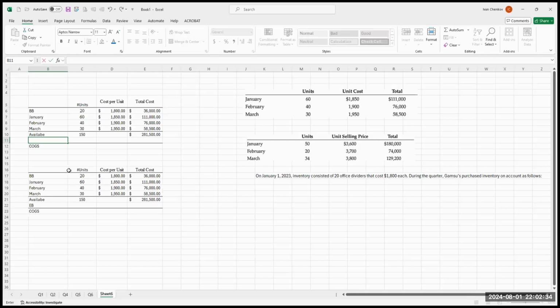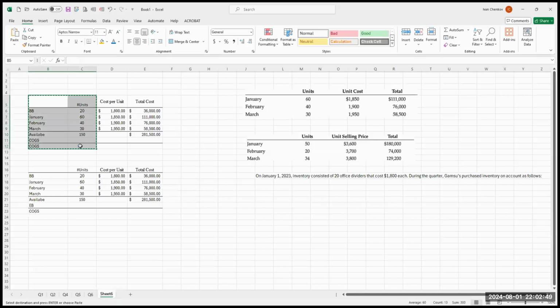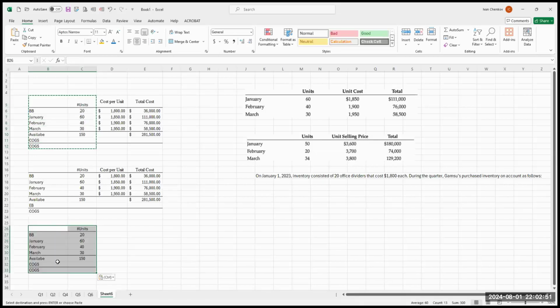Once we find that out, then we can easily get the cost of goods sold. So first I need how many I sold, cost of goods sold on the unit side only. I'm working on the unit side only. If you want, I can flip this one here, and at this point I care only about the units, nothing more, nothing less.